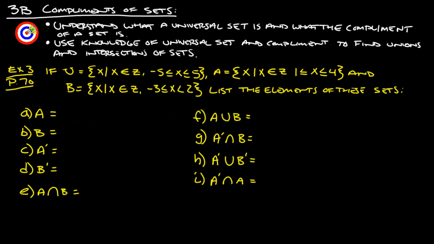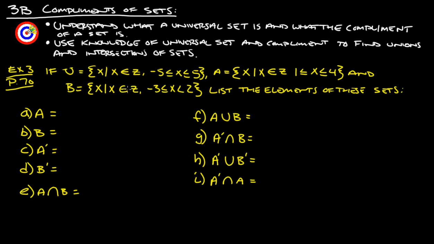All right, so example 3 from page 70 gives us this here. Here's our universal set, x such that x is an element of the integers where x is between -5 and 5, including -5 and 5. Set A is the set of x such that x is an element of integers where x is between 1 and 4, including 1 and 4.